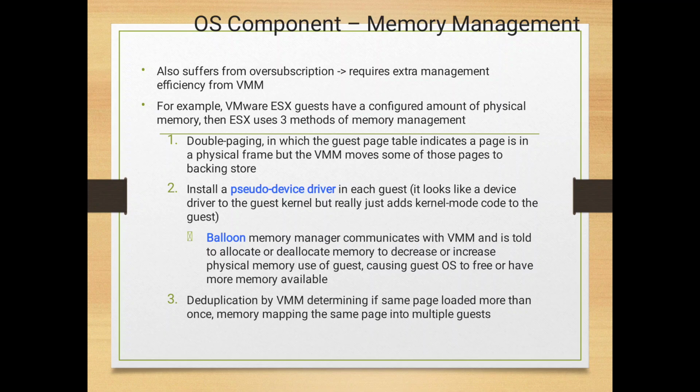The second one installs a pseudo-device driver in each guest, so that it can communicate separately with the kernel modes. And the third one is deduplication, determining if some page is loaded more than once, and mapping the same page into multiple guests.